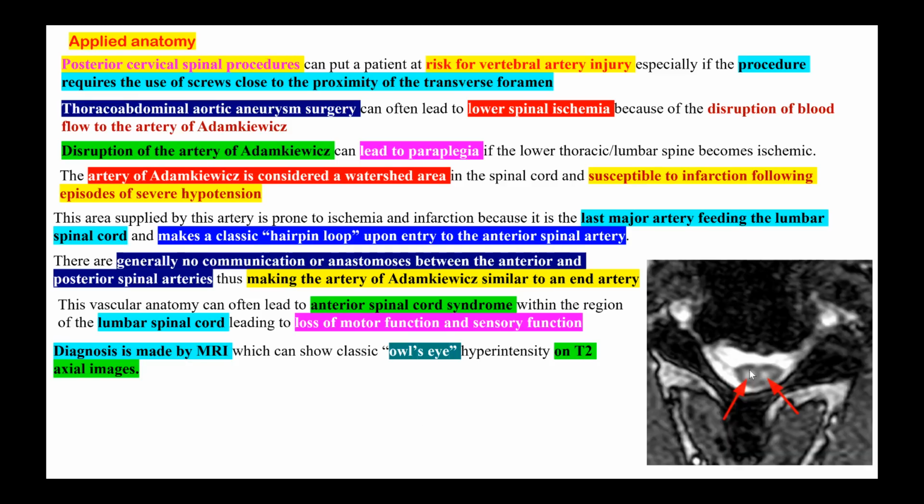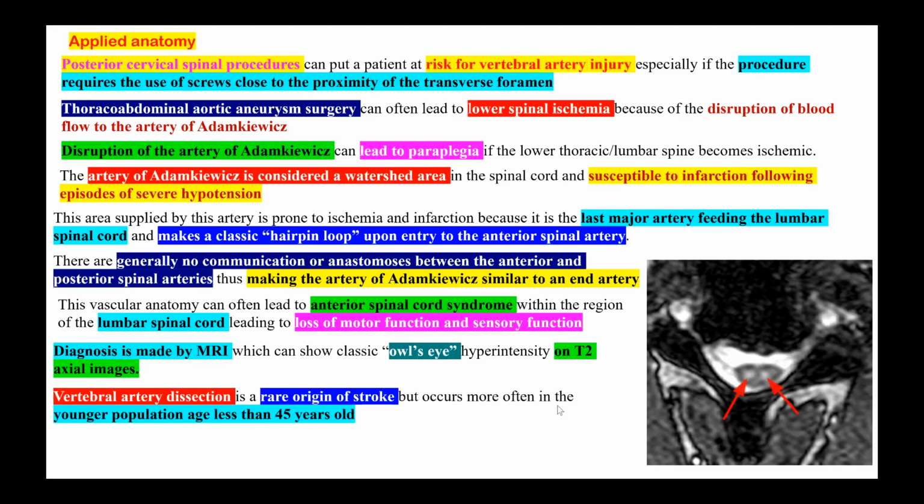We can see two areas producing a picture similar to the eye of an owl. This owl eye sign indicates ischemia of the lumbar spinal cord due to disruption in the anterior spinal artery.